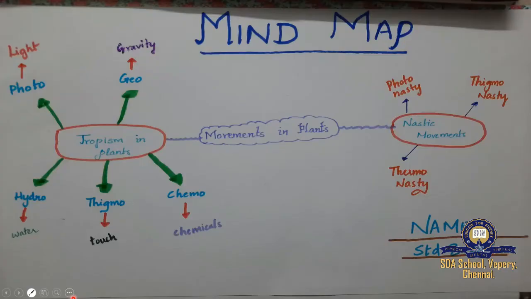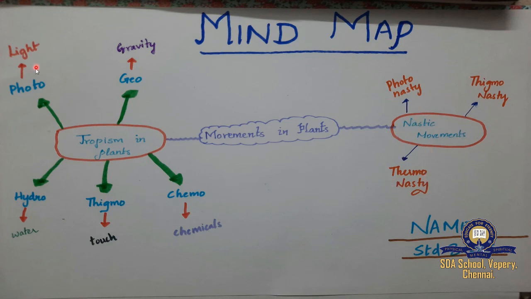So here is what I did, a short mind map, but please don't copy this. This is just an idea for you to follow for the assignment part. Here I have mentioned movements in plants. We saw two types of movements: tropism and nastic movements. Under tropism we had five categories, and under nastic movements we had three categories.